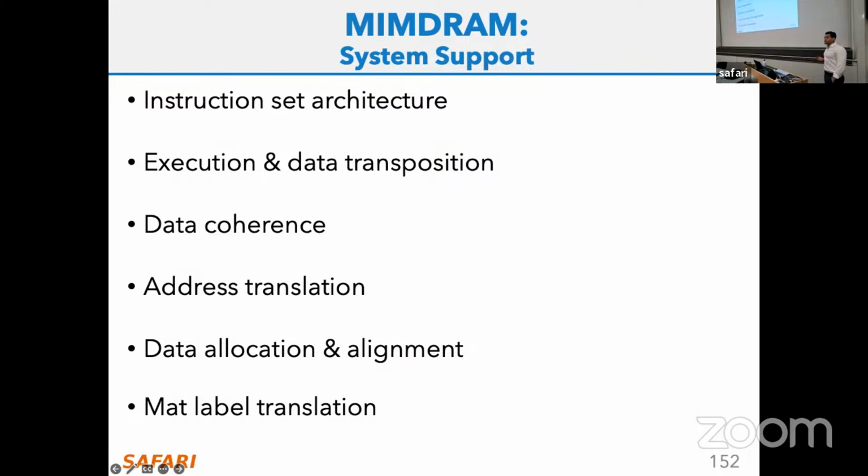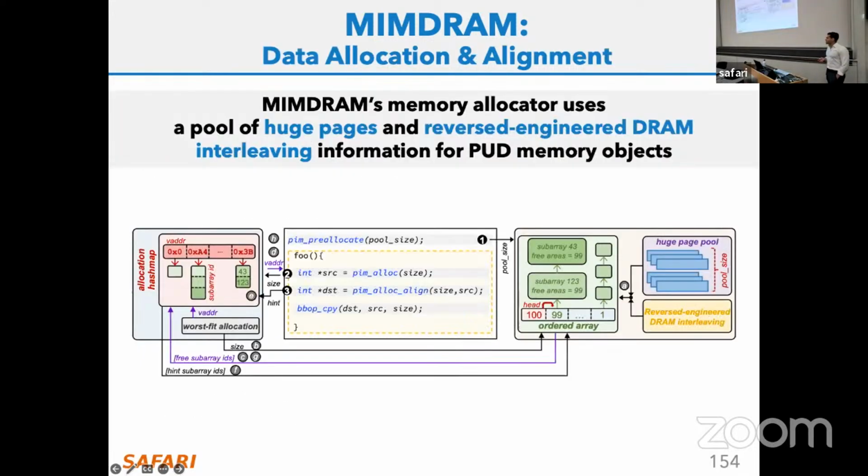So this MIMDRAM paper is a quite dense paper because we try to cover a lot of system support that needs to be done so that this works in a real system. And one of the key things that needs to happen is data allocation and alignment. So now I need to find a way to know that some given data structures are going to be placed in some given DRAM mats and need to be aligned so that I can execute the computation while fully utilizing the substrate.